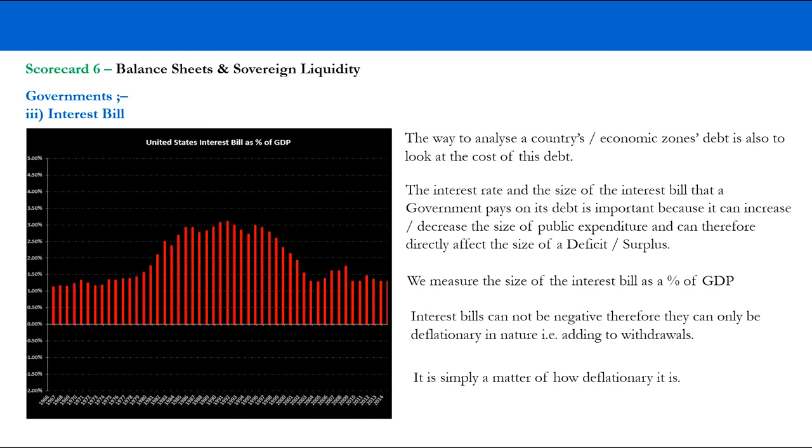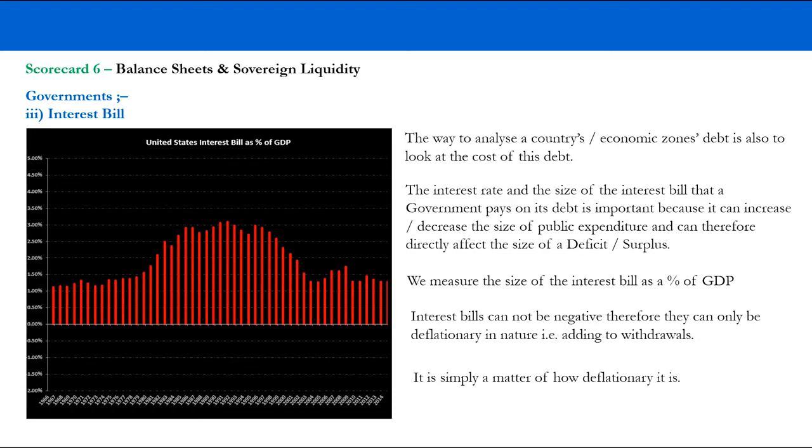And one thing to note here is that interest bills cannot be negative. Therefore, they can only be deflationary in nature. So they only add to withdrawals. If you've got no debt, you pay no interest. So it's just zero. But if you've got debt, you are obviously paying some sort of interest, unless the interest rate is zero.